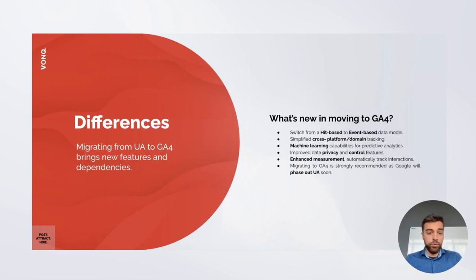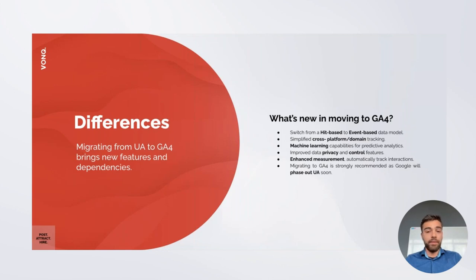As I also briefly mentioned in my previous point, privacy and control is, of course, a very big topic, and GA4 offers you some improved versions of that. Things like consent mode, limiting whether you want to share ad data with Google, for example, or not. You have particular features to control when and when not to share these data.